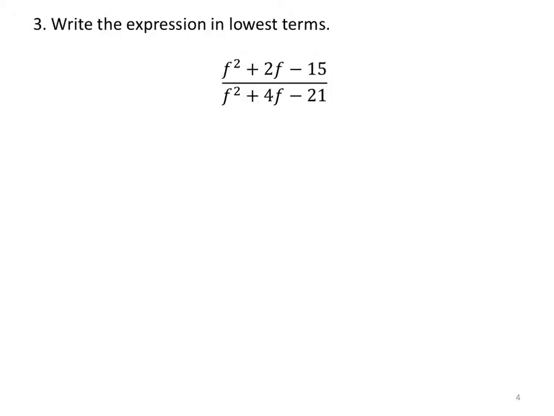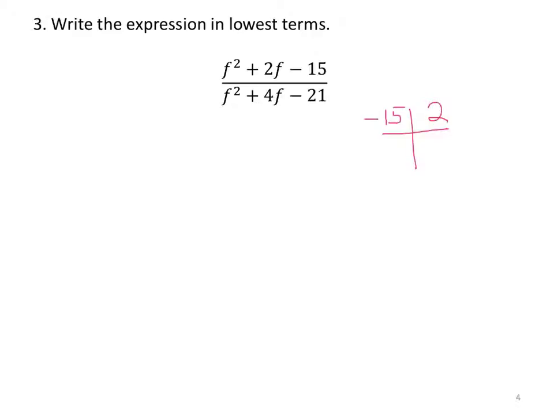The next question we ask is, is there a 1 in front of the lead term? So here, there's a 1. That means we can use reverse FOIL, and reverse FOIL is easier than grouping, or at least it takes fewer steps. So for our numerator, we have to find 2 numbers that multiply to negative 15 and add to 2. And so 15 has 5 and 3, and it has 15 and 1.